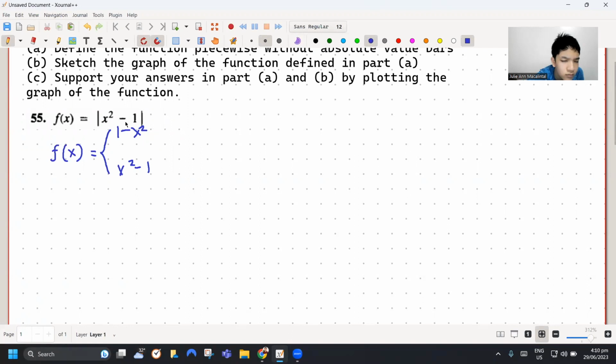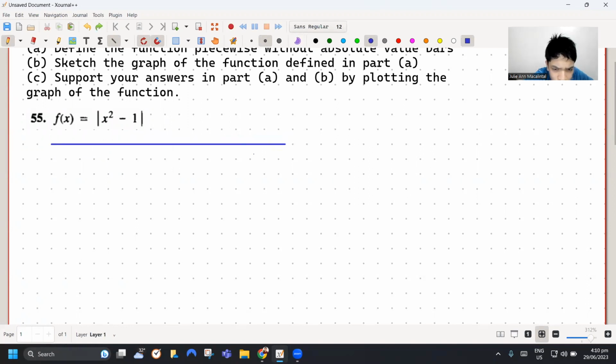So gawa ka ng number line. So yung function sa loob, zero yan kapag one lang.